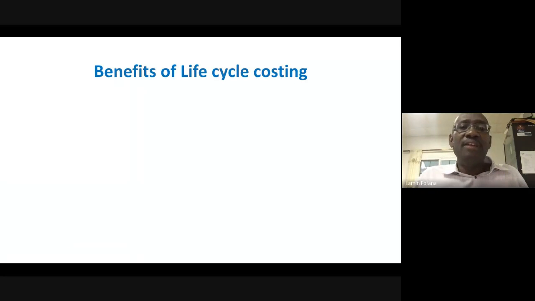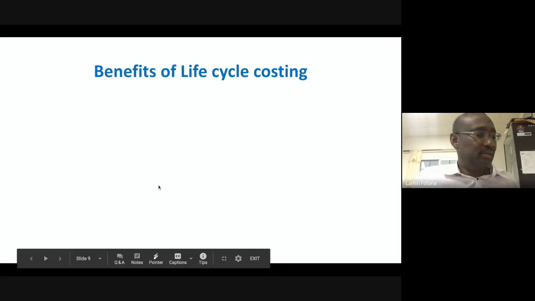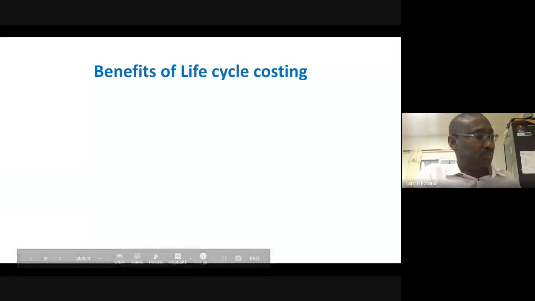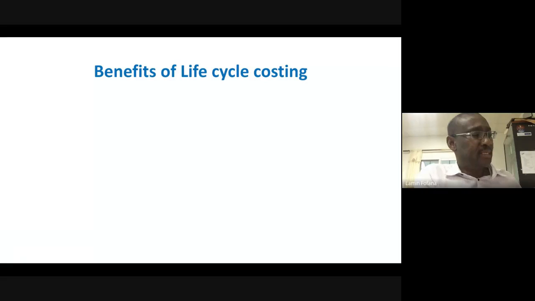So we look at the benefits of life cycle costing. The benefits are enormous. Okay, the benefits are plenty. What do you think could be one of the benefits? Mr. Favara, yes.